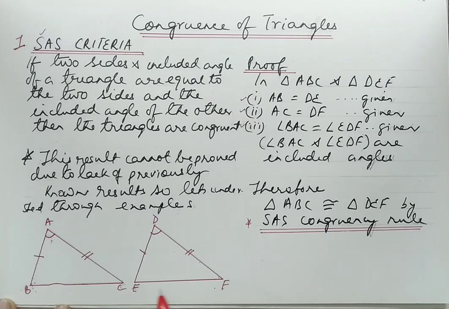What about the rest of the things? Two angles and this side. When we have proved the congruency of these two triangles, we will conveniently say that BC is also equal to EF, angle B is equal to angle E, and angle C is equal to angle F. So this is all about congruency.